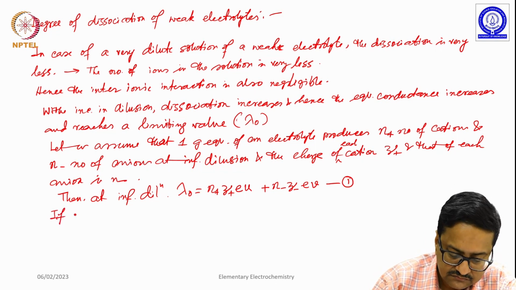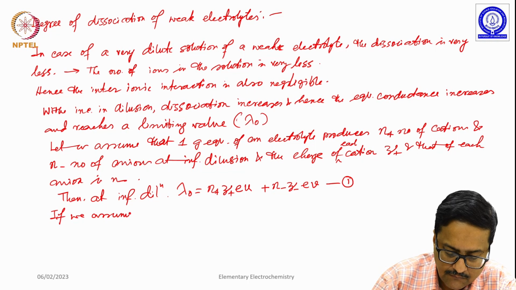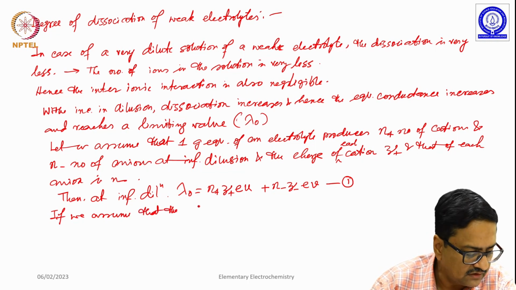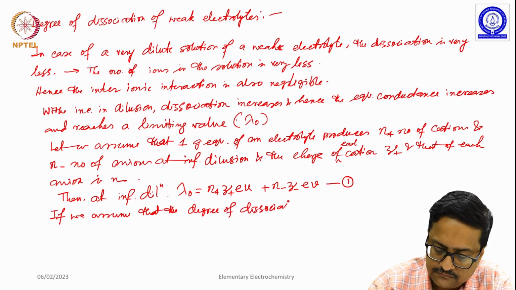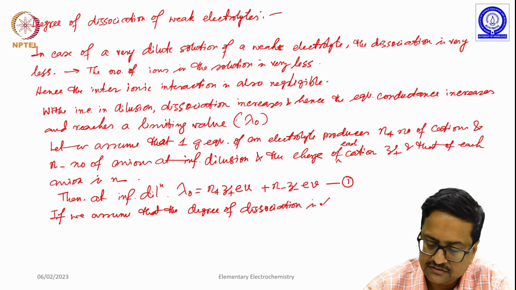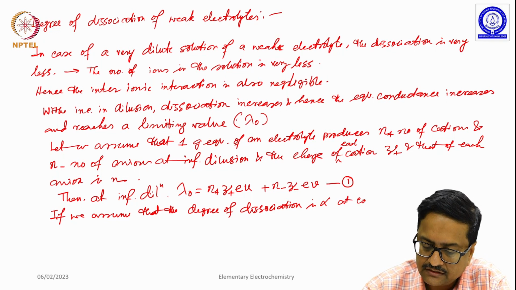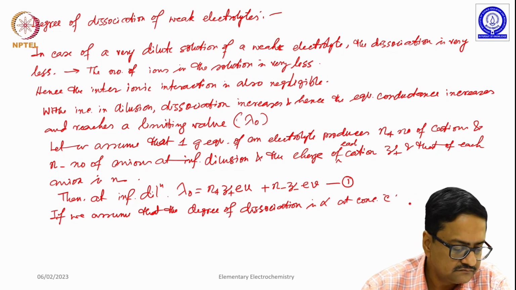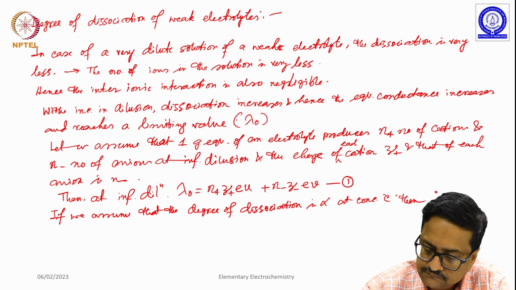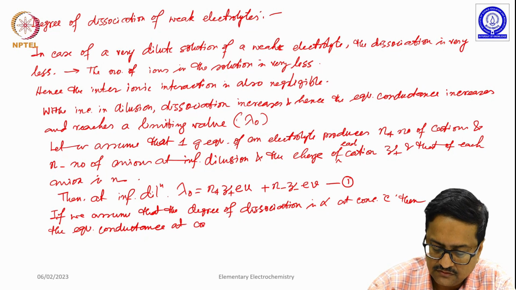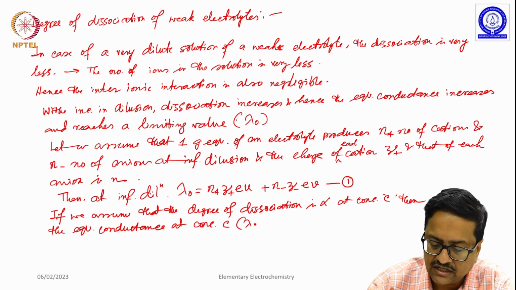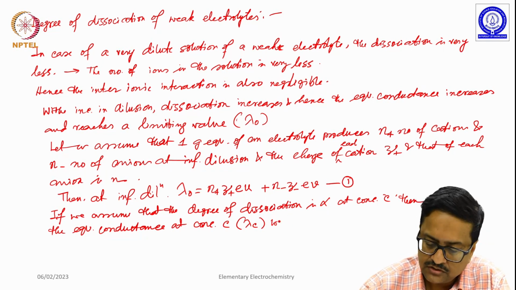If we assume now that the degree of dissociation is alpha at concentration C, then the equivalent conductance at concentration C, which I am writing as lambda C, would be the following.